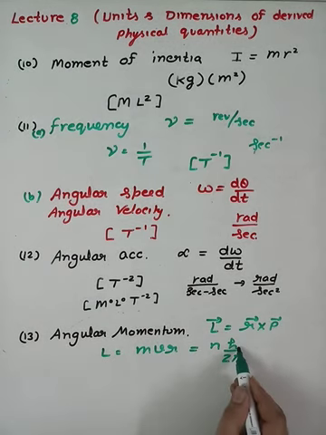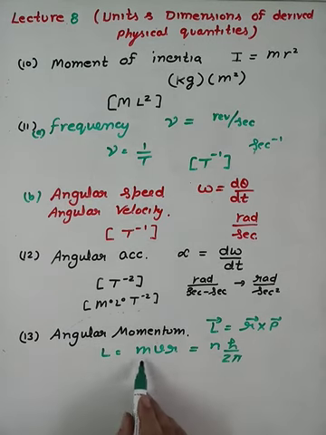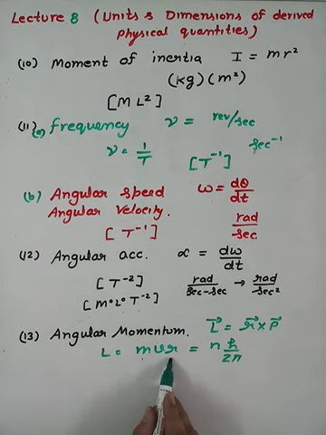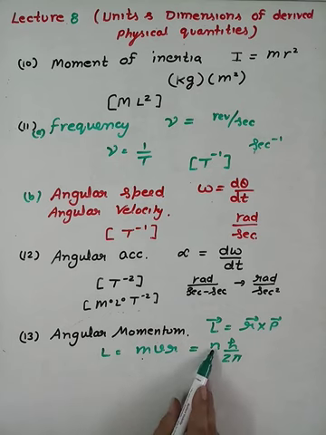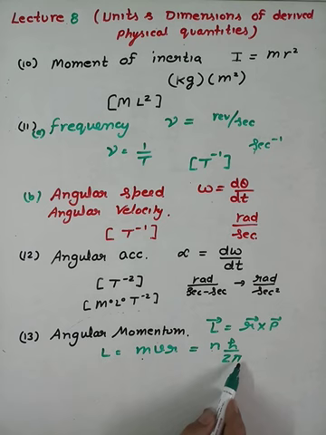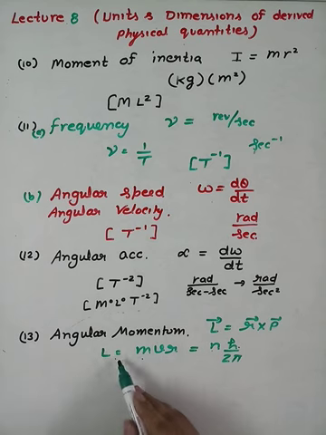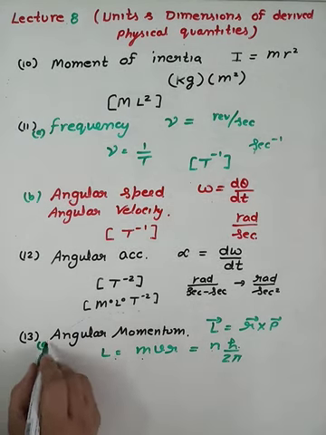This h is called Planck's constant. This is Bohr's second postulate. 2π does not have any dimension, and n does not have any dimension, therefore h and L have the same dimension.